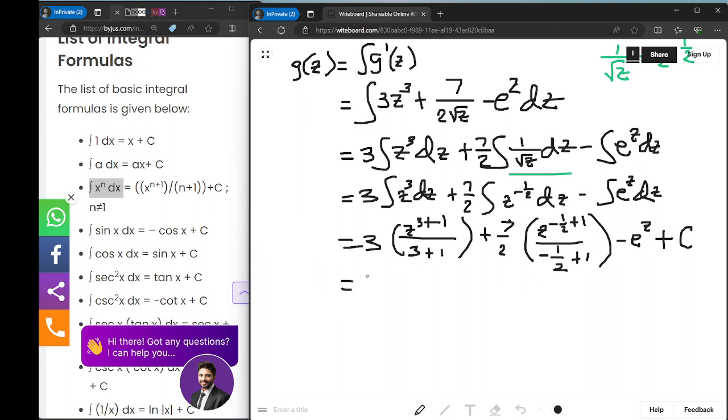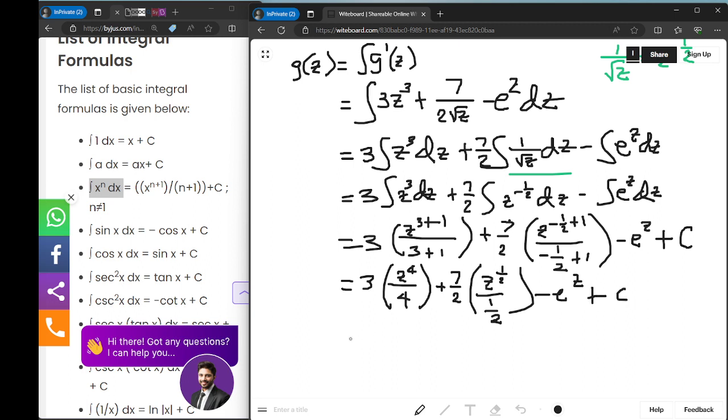This is now 3 times z to the fourth over 4 plus 7 over 2 times, negative 1 half plus 1, 1 rather is positive 1 half, over 1 half, minus e to the z plus c.